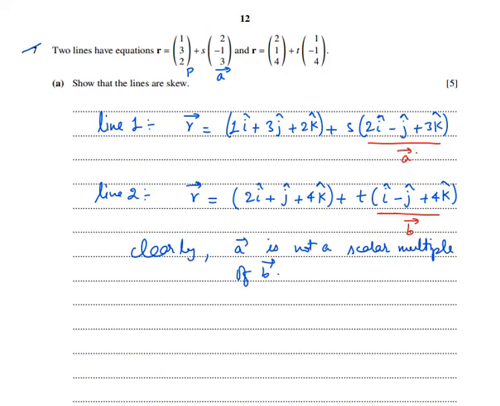So A cannot be written as some number times B, isn't it? See this vector A and B. This is 2, minus 1, 3, this is 1, minus 1, 4. Nothing is common between them, and therefore we can say the two lines are not parallel.